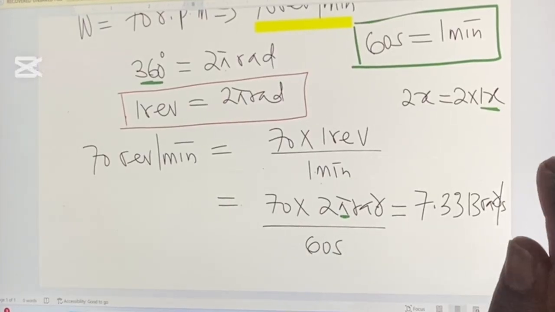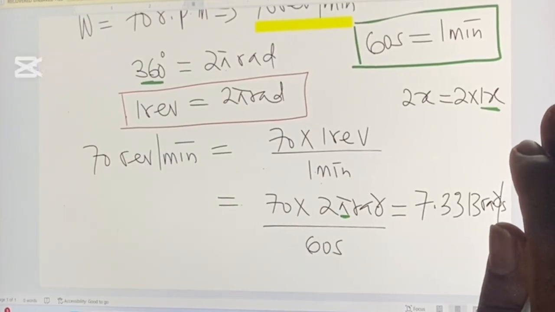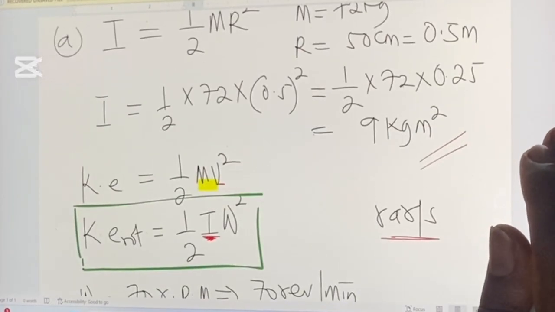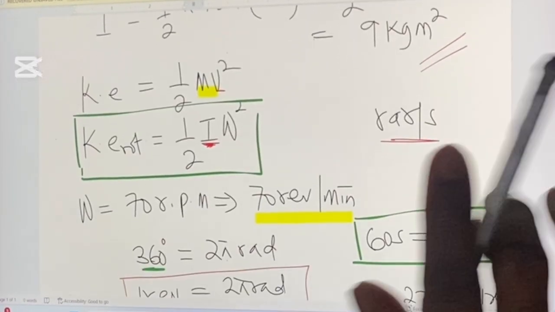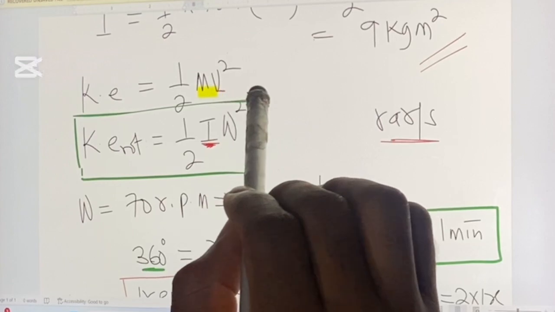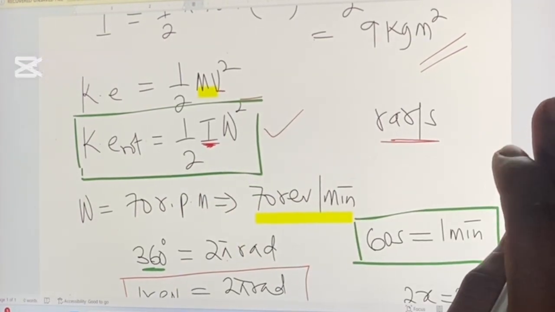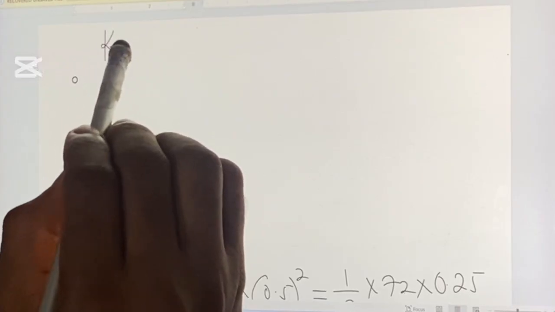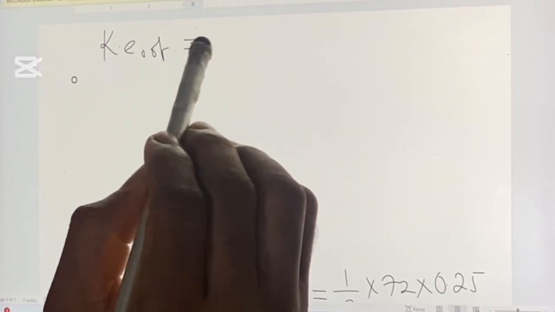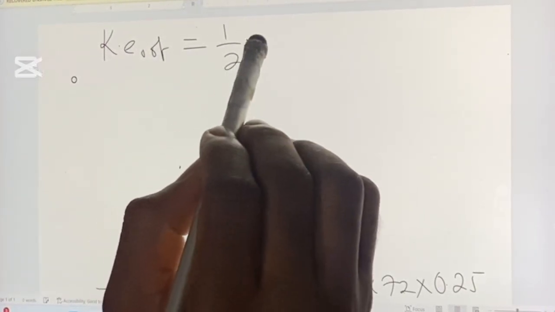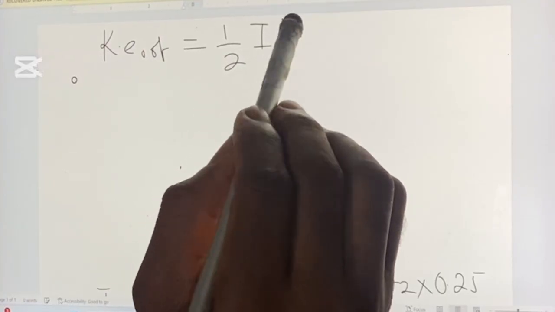So replacing the value here to calculate the rotational kinetic energy, we have rotational kinetic energy equal to class 1/2 of I omega squared.